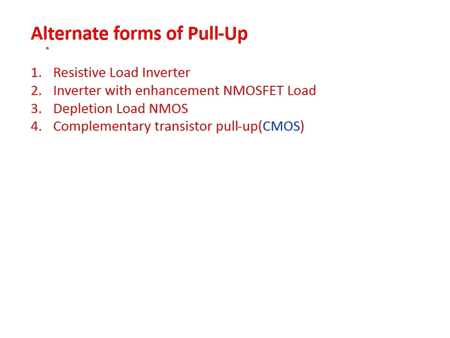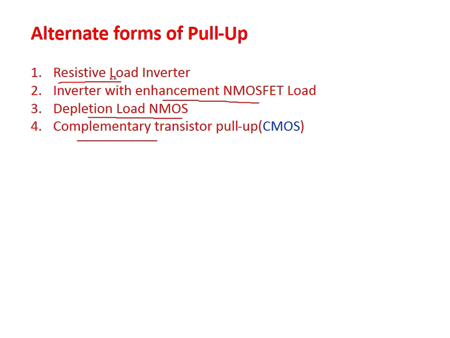Next topic, alternate forms of pull-up. In the previous NMOS inverter, we used a depletion mode MOSFET as the pull-up network and an enhancement mode MOSFET as the pull-down network. Now we are replacing that pull-up depletion mode MOSFET by alternatives: resistive load inverter, inverter with enhancement NMOSFET, depletion load NMOS, and complementary transistor pull-up.